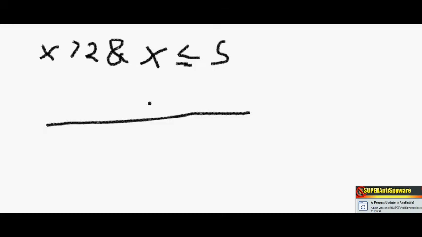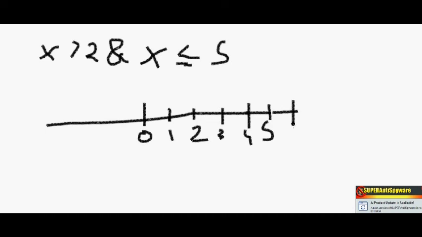So we have x is greater than 2 and x is less than or equal to 5. Alright, so let's draw the number line. I'll have this as 0, 1, 2, 3, 4, 5, and 6.